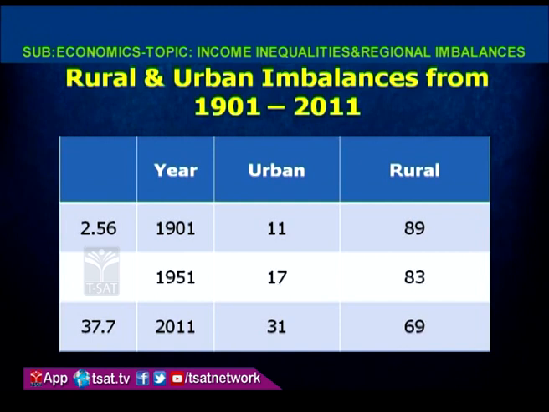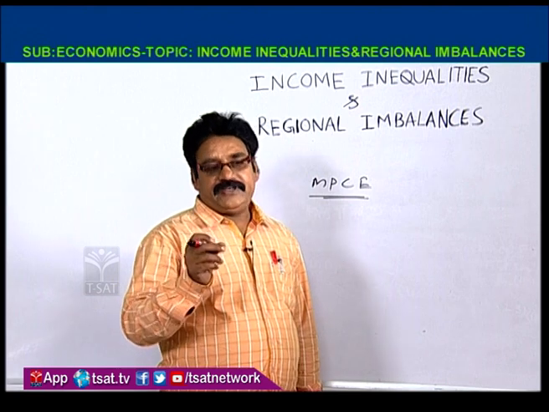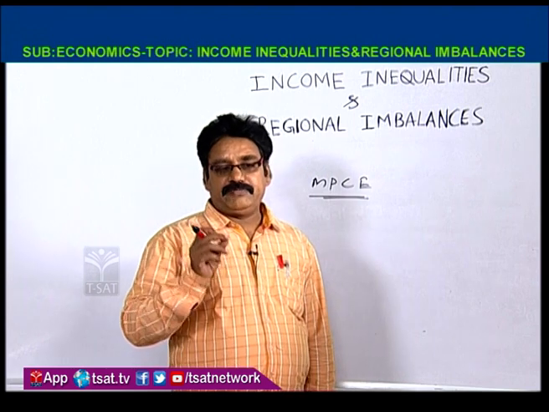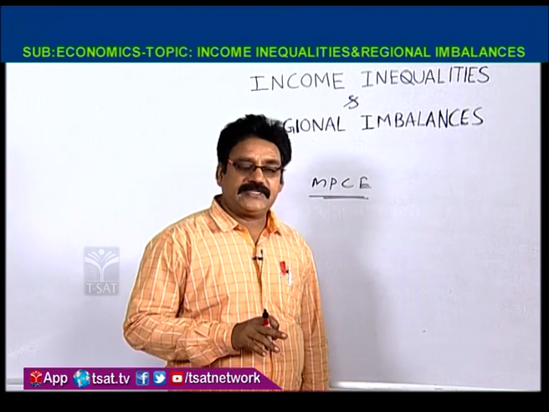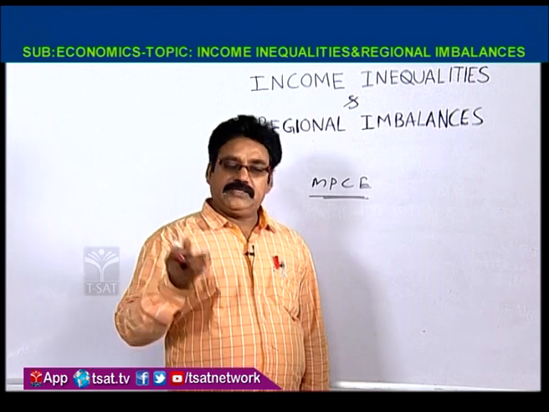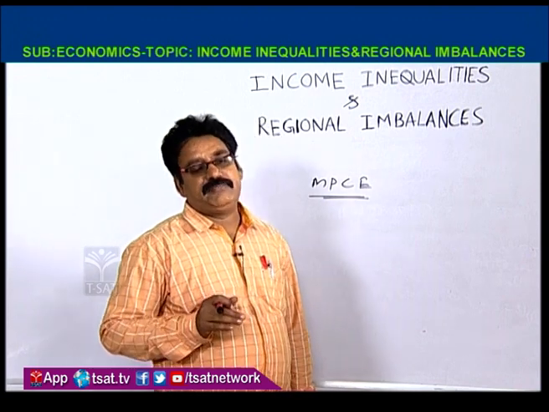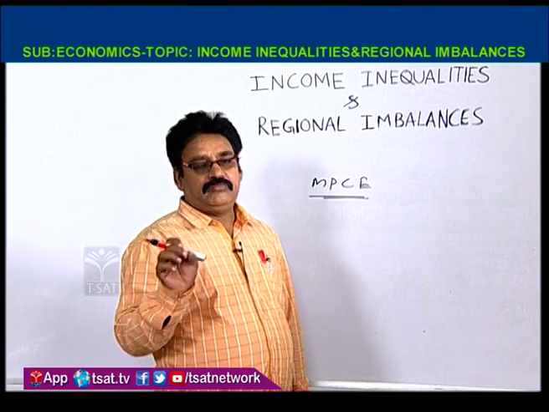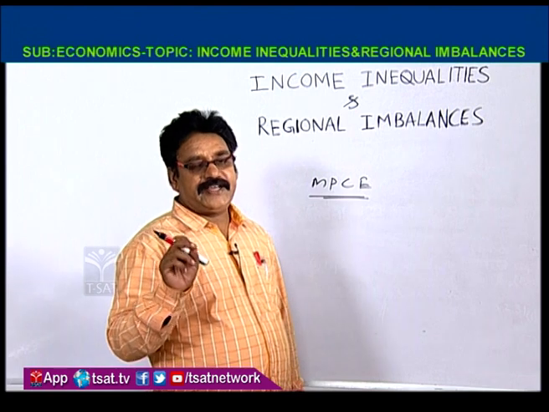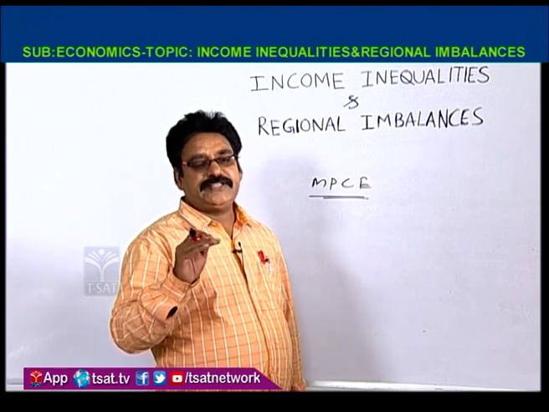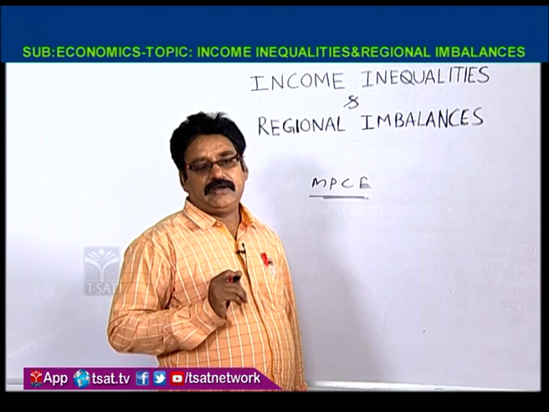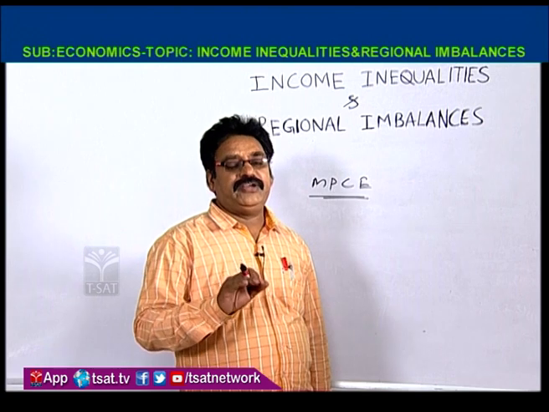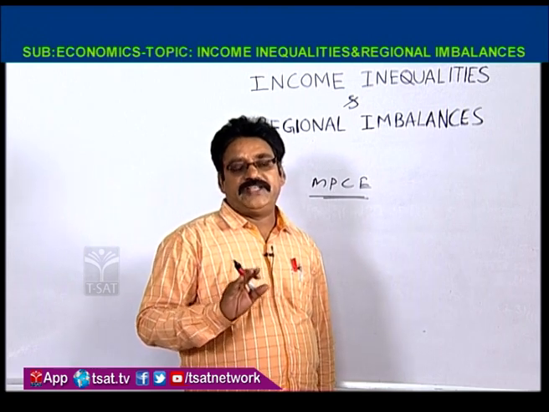Not double, but it increased a little bit faster than the first 50 years, and rural population decreased from 83% to 69%. This is the rural urban population, and these details indicate that urbanization is increasing slowly throughout these 110 years. Urban population increased from 11% to 31%, only 20% of the population increased.